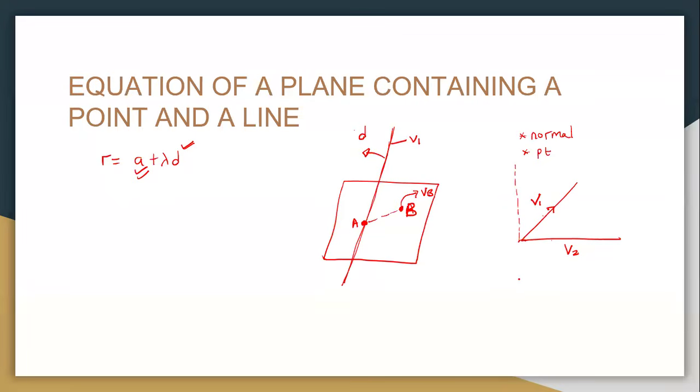Therefore, in order to get the normal vector, we shall get the cross product of the first vector times the second vector. So whenever you are given an equation of a line and you have a point, the first thing you have to get is the normal to the plane. And the normal can be obtained by getting the cross product of the vectors that you have.